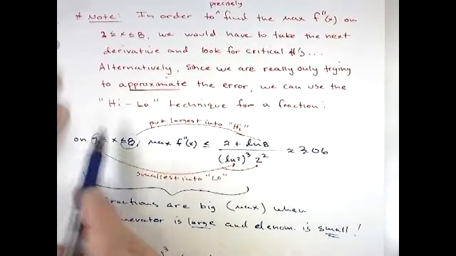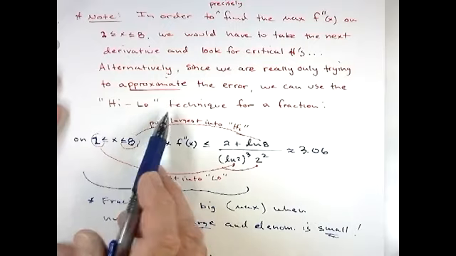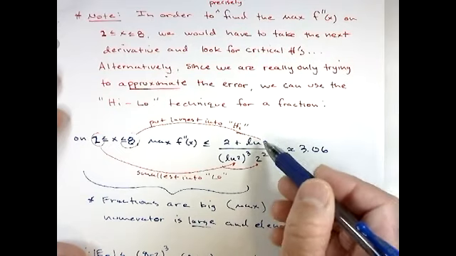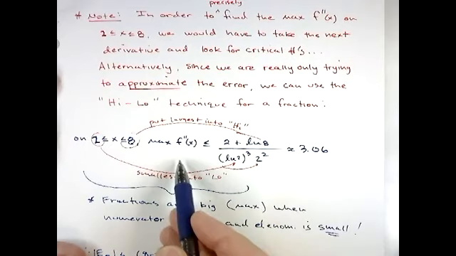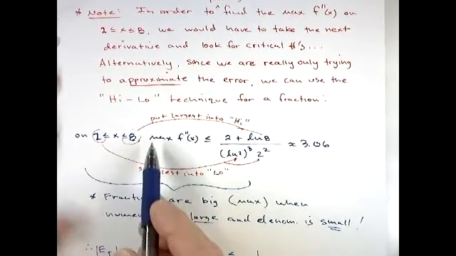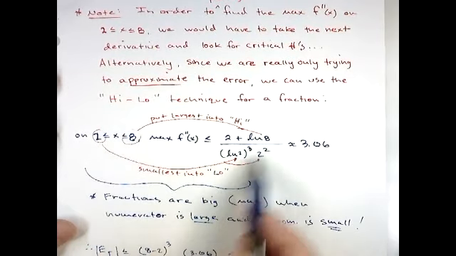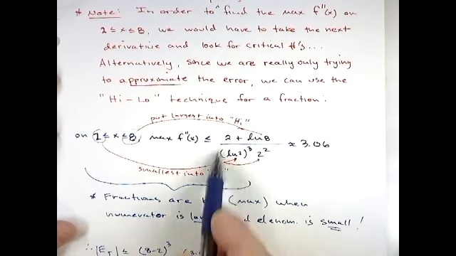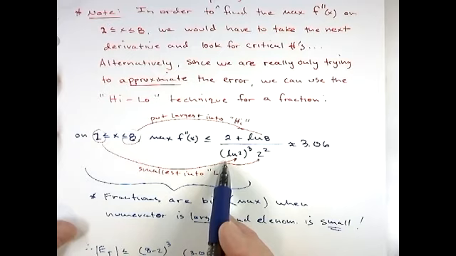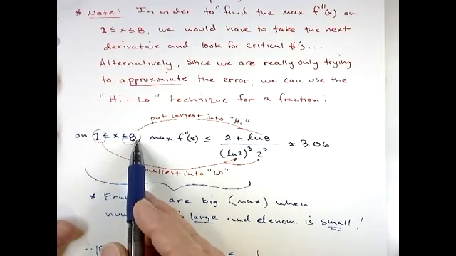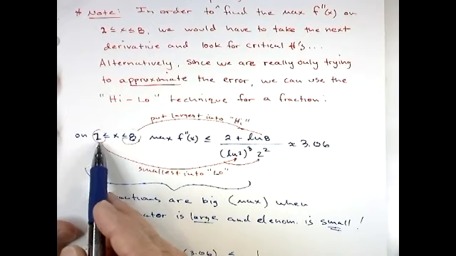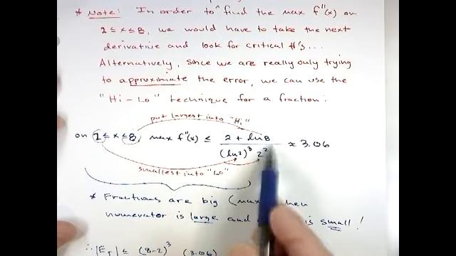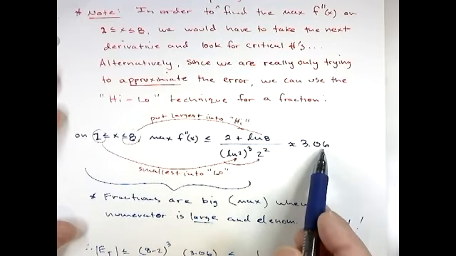So one technique has been coined the high-low technique, especially if you have a fraction here. Well, only if you have a fraction, because a fraction has a high part and a low part. And the idea is this: we know the maximum value of a fraction is going to happen when the numerator is as big as possible and the denominator is as small as possible. So if I put the largest number on my interval, 8, into the numerator and the smallest number, 2, into the denominator, this second derivative has a value of 3.06.